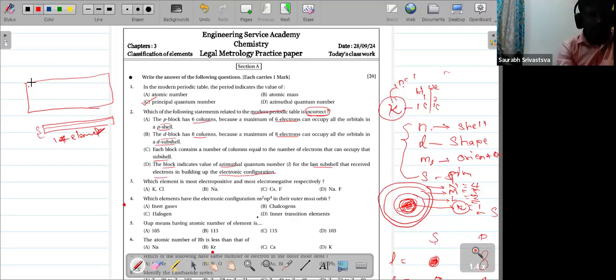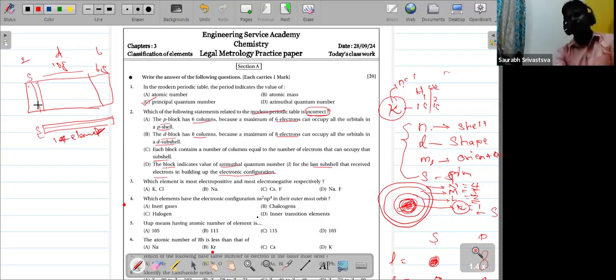And next, 2 groups are there. The first 2 groups are the S block. Next, the middle 10 groups, and the next 6 groups. So the S block has 2 groups, the D block has 10 groups, and the P block has 6 groups.